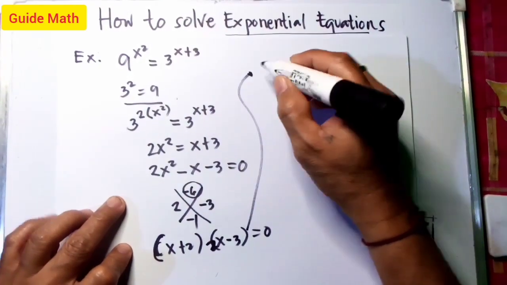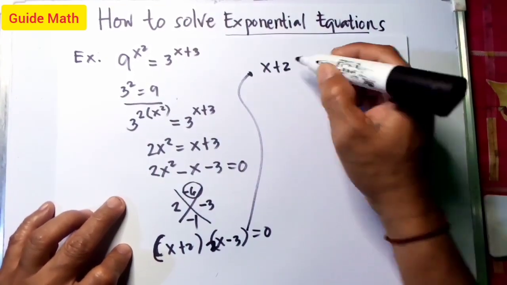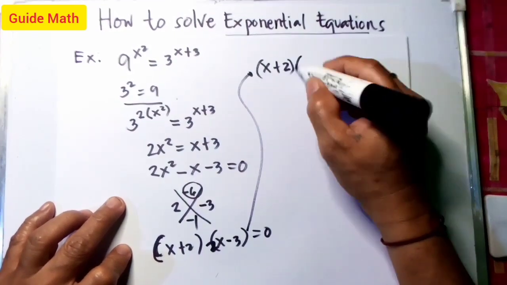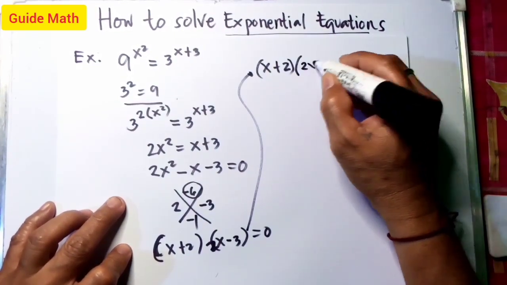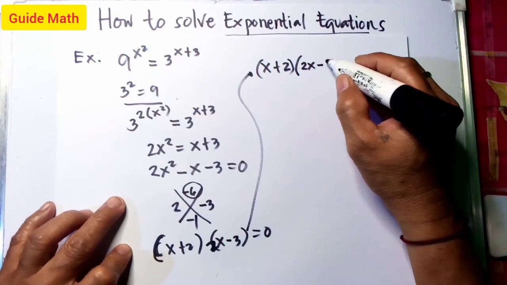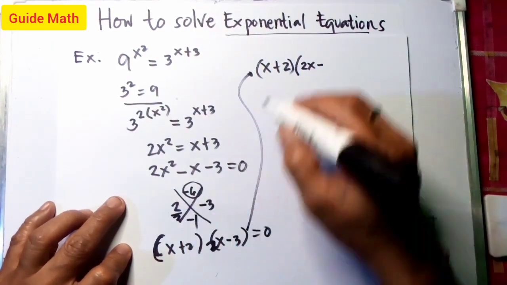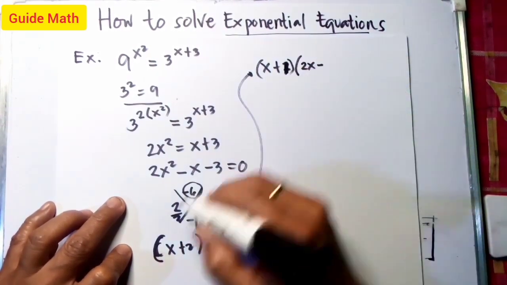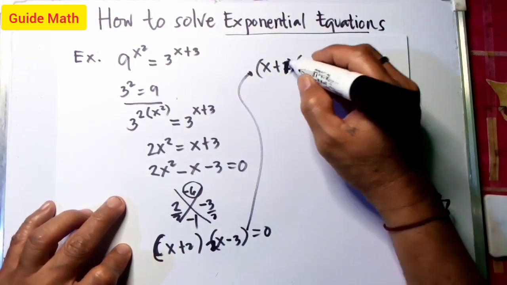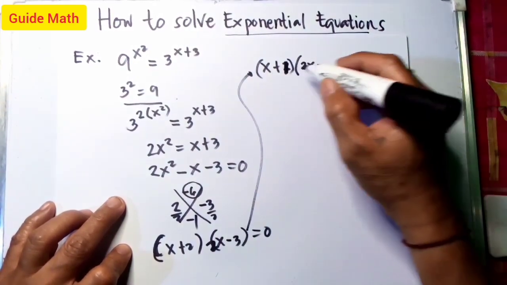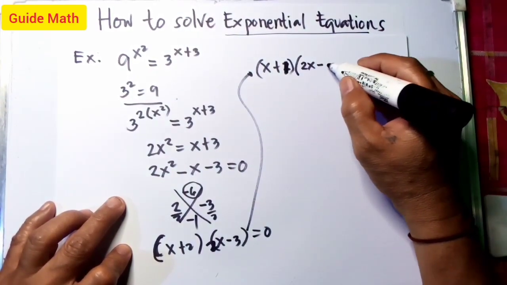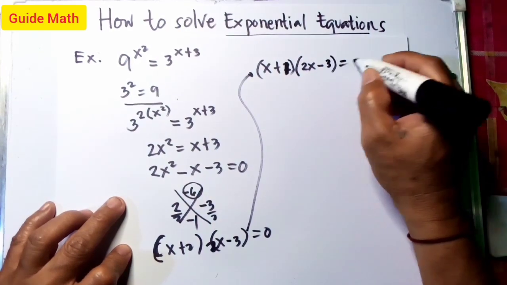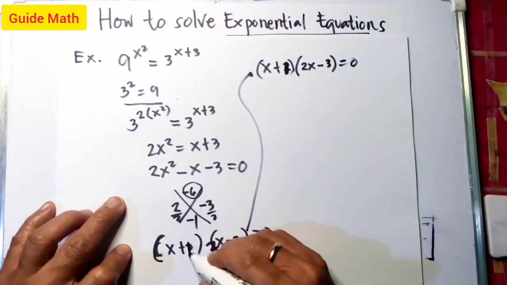So, our final answer is x plus 2, open, close, open, we have 2x minus 3 over 2. Kasi ito, magiging 1 yan, no? So, magiging 1. So, ito is over 2. So, this is x plus 1 times 2x minus 3 is equal to 0. So, it should be positive 1.